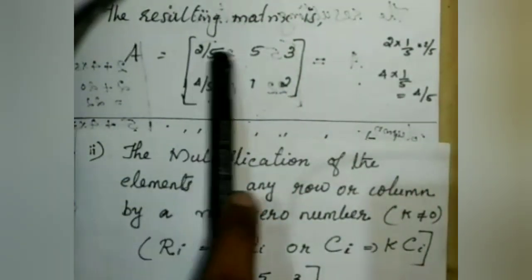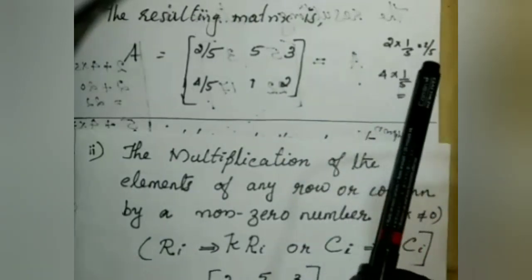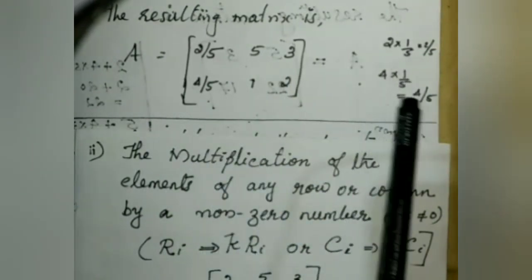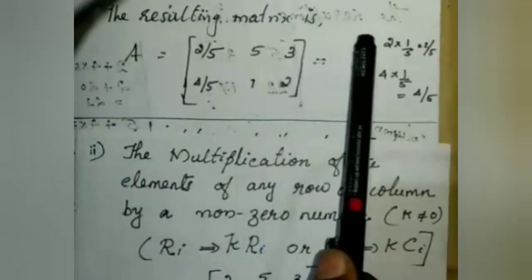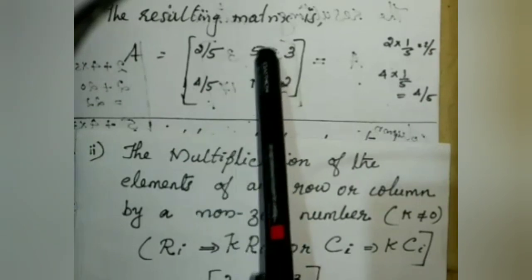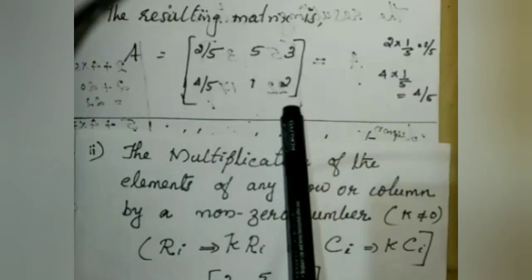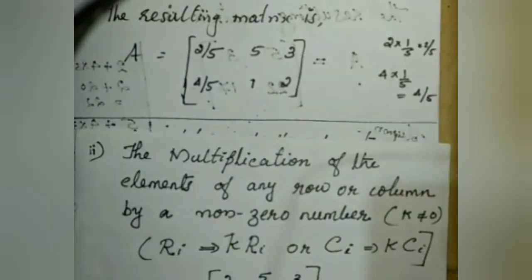The first element is 2, multiplied by 1/5, equal to 2/5. The second element is 4, also multiplied by 1/5, equal to 4/5. Therefore, the resulting matrix is 2/5, 4/5 in the first column, then 5, 1 and 2, 3. The second and the third columns have no change.